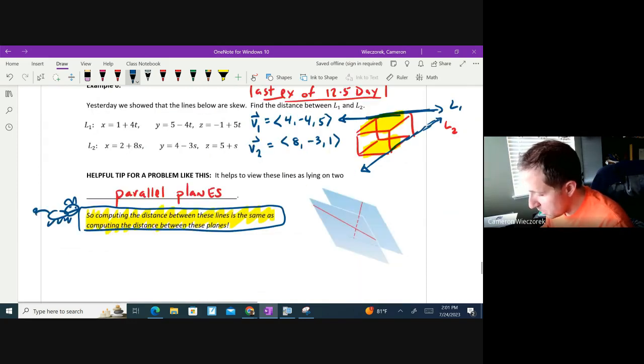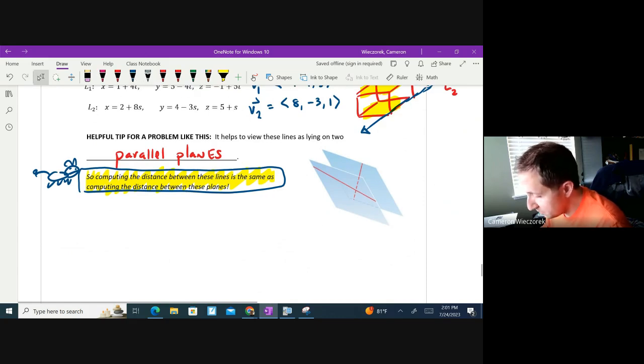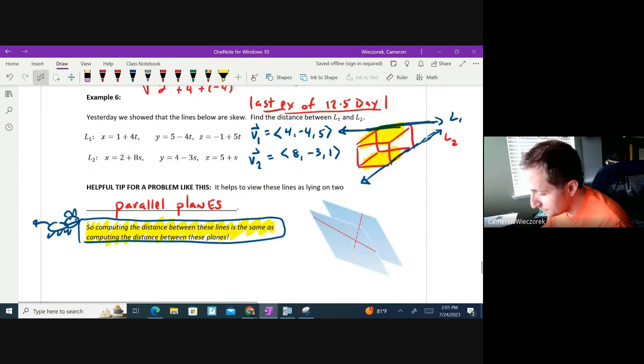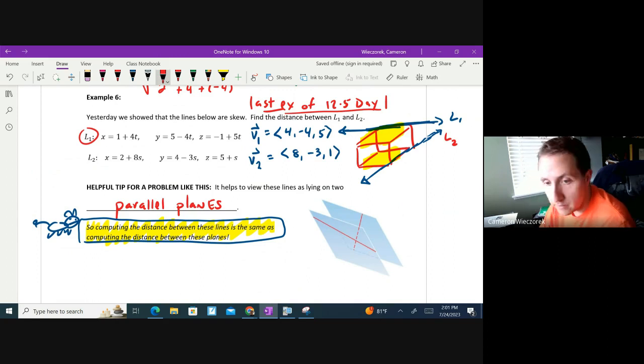Okay, so following the process I did in the last example, if I want to find the distance between two parallel planes, I'm going to need a point on the first plane. So let's just say line 1 sits on one plane. I'm going to need to take a point on L1, and measure the distance to the plane containing line 2. Or you could reverse the roles.